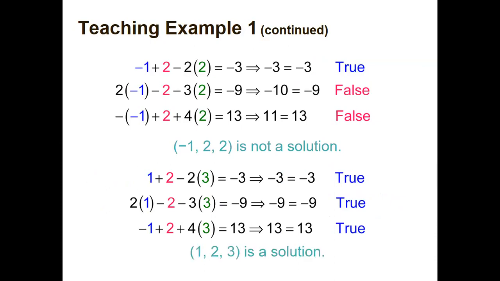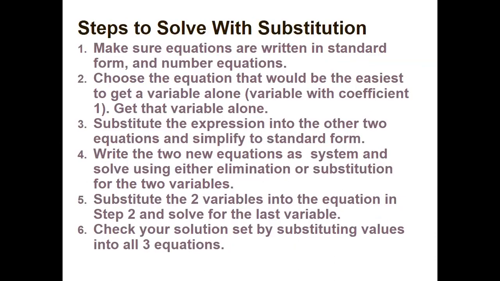Yes? All right. Next, we're going to talk about substitution. So solving with substitution, you want to make sure your equations are written in standard form. So in standard form, that is your AX plus BY plus CZ equals your constant, okay? You're going to choose the equation that would be easiest to get a variable alone.